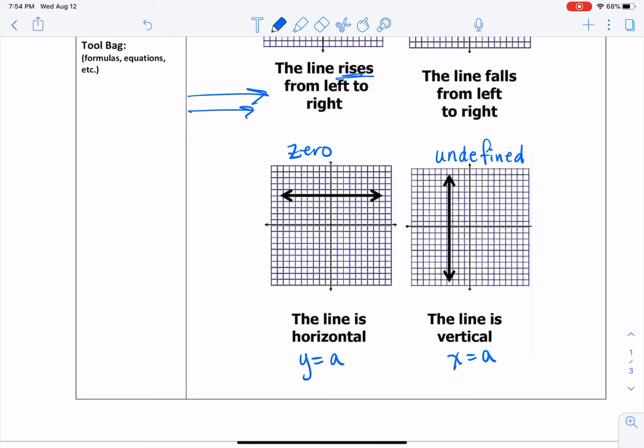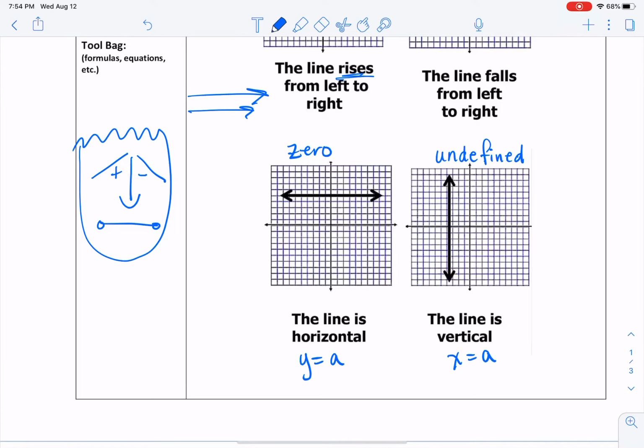So one of the ways that you can think about slope is that this is positive and this is negative, undefined, and zero. So I can make a little dude.